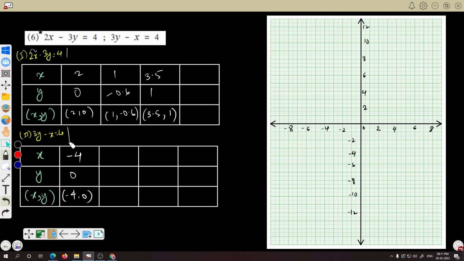Now if I take x as 2, then the equation will be 3y minus 2 is equal to 4, which means 3y is equal to 4 plus 2, shifting the minus 2 to the right hand side, so this will be 6. So y will be 6 by 3, that is 2. So the next coordinate is 2 comma 2. I hope this is clear to you.